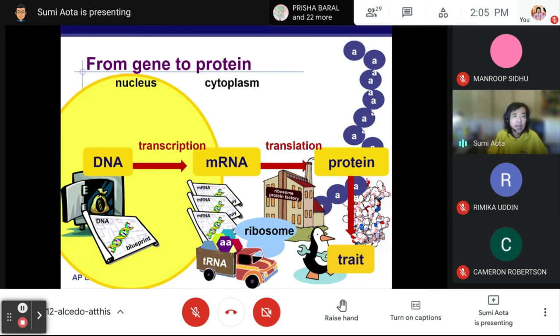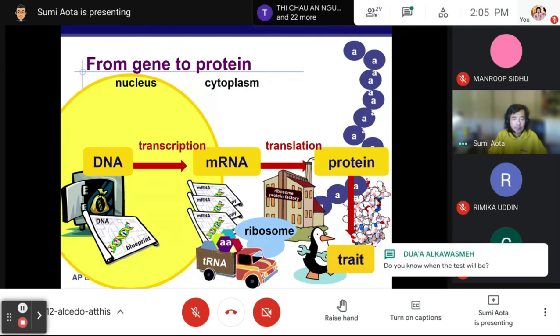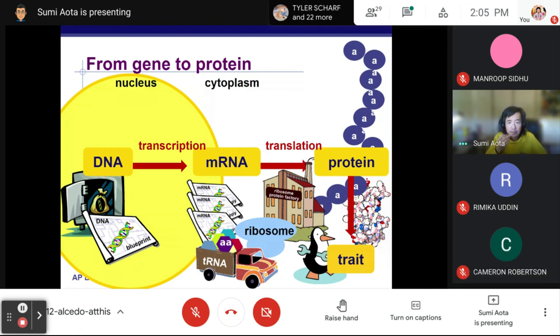Okay. Now, let me just check something. Classroom. Is there anything helpful here? Transcript translation.